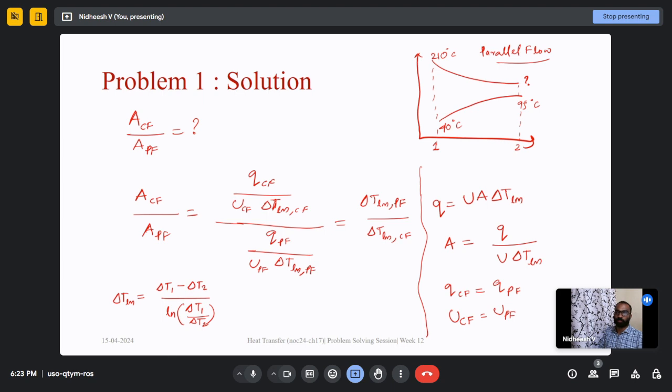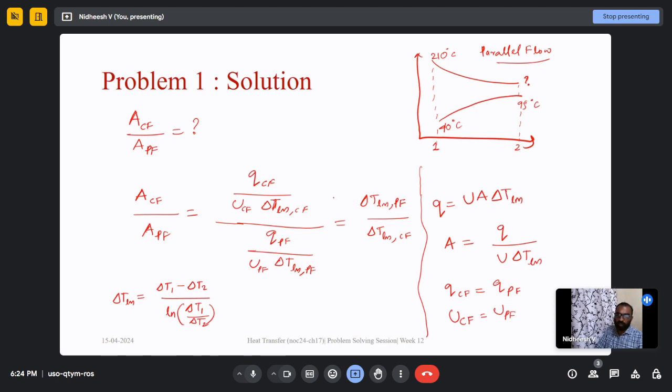We wanted to first find the ratio of available area for heat transfer for counterflow and parallel flow heat exchangers. So we wrote area in terms of Q, U and log mean temperature difference, and Q and U turned out to be the same in these cases, and the equation reduced to just a ratio of log mean temperature differences.